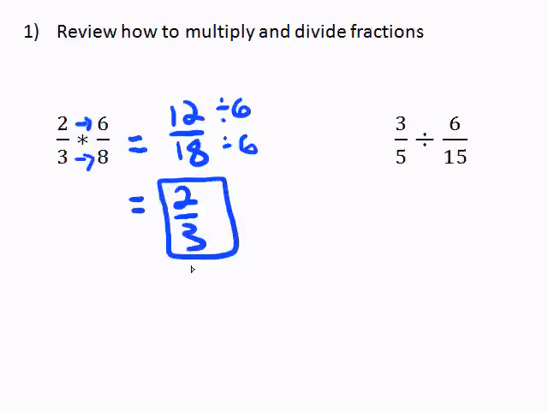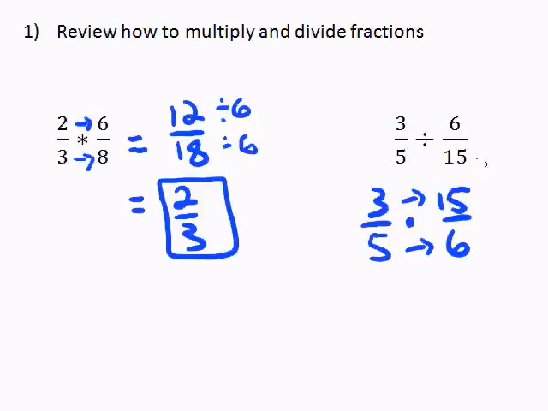We're going to take a look at the second fraction. We have 3 over 5 divided by 6 over 15. To divide a fraction, you always have to flip the second fraction. So I go 3 over 5 times 15 over 6. And then I just multiply the tops to tops and bottoms to bottoms.